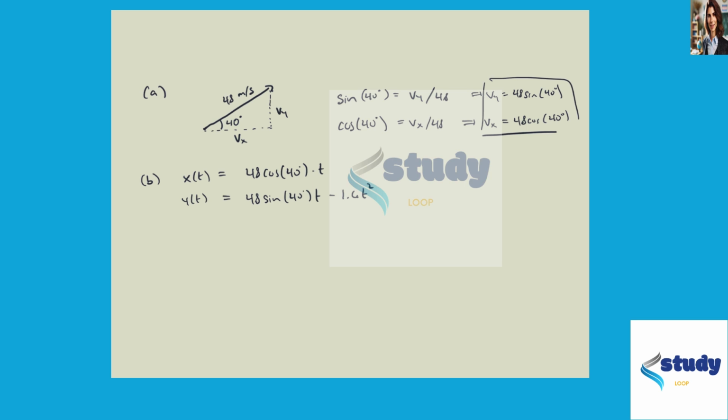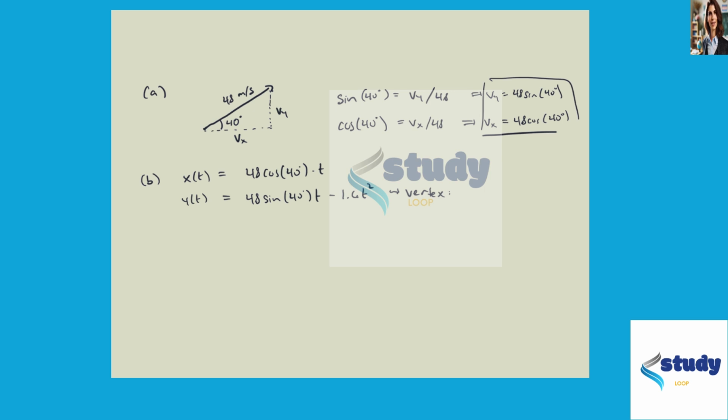Now to find the hang time of the ball, we can just find the time when y of t is maximized and then multiply that by 2. Because y of t is a parabola, we can find its vertex using negative b over 2a.